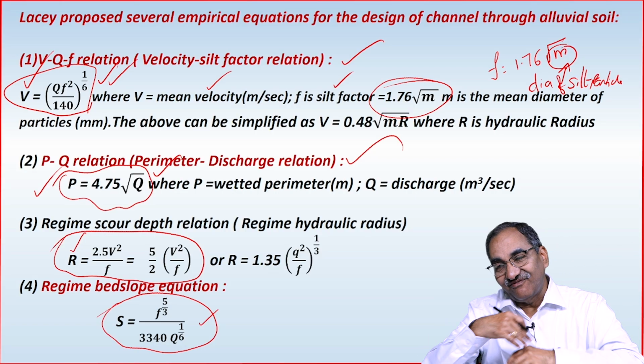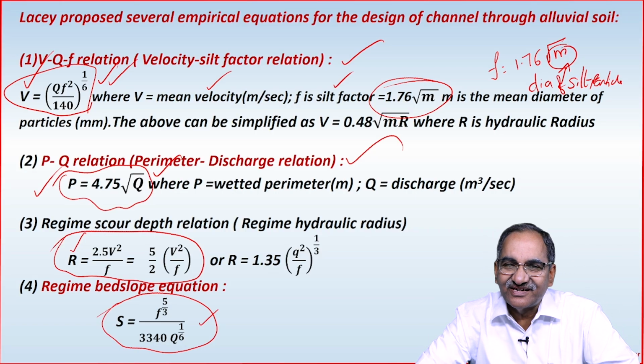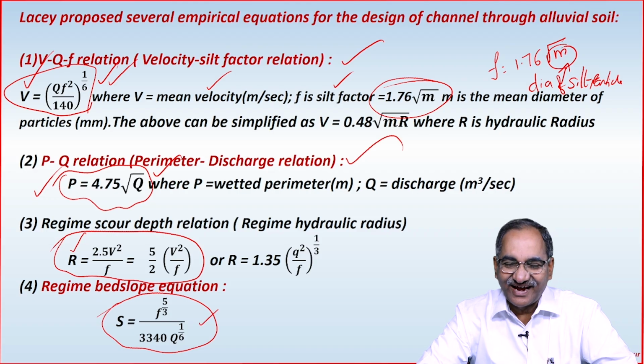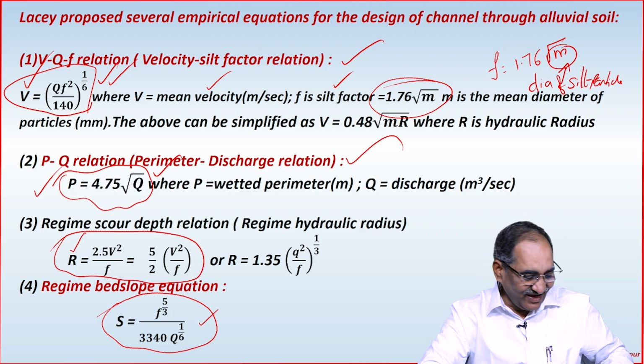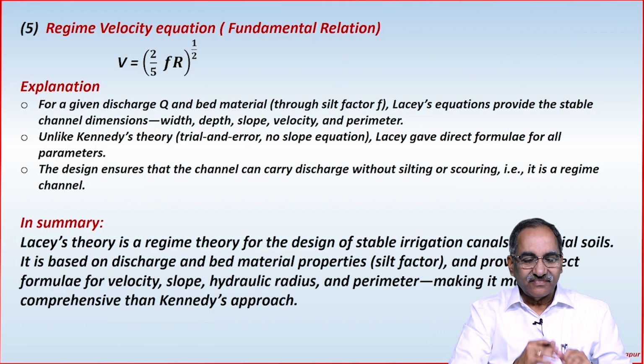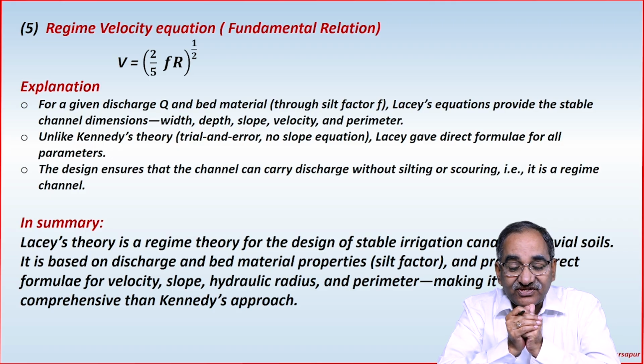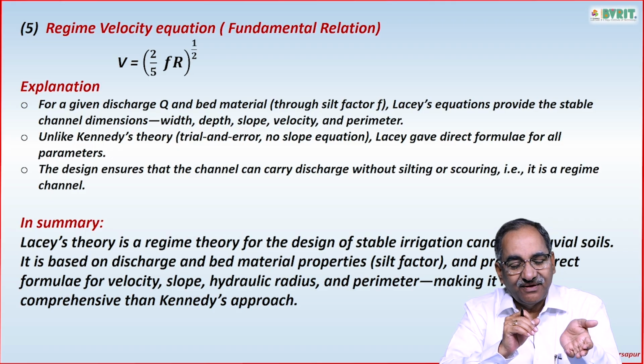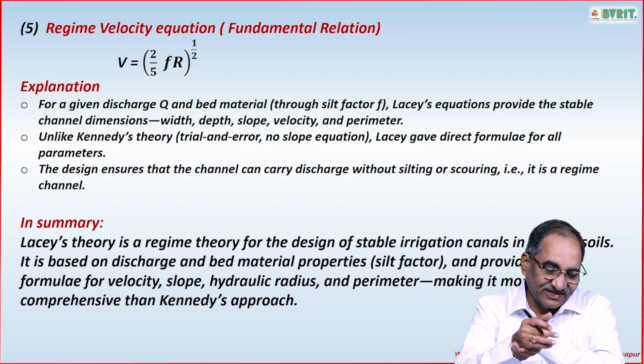So the whole thing revolves around discharge and silt factor. If they are known, we can design the channel using Lacey's theory. And the regime velocity equation is basically the same as what we have previously done.